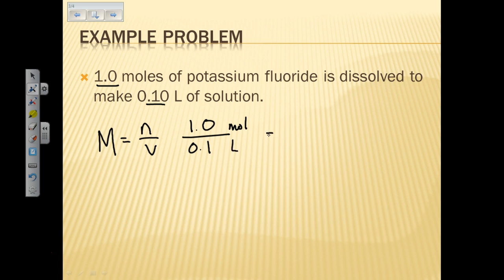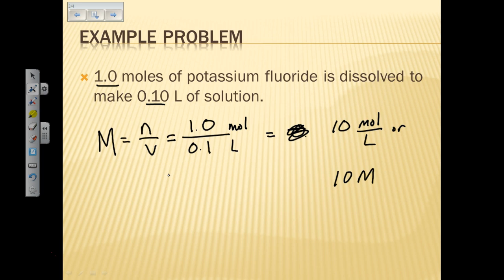And so that math is 10 moles per liter, or you could say 10 molar. That's a fairly straightforward problem to figure out the dynamics of this.